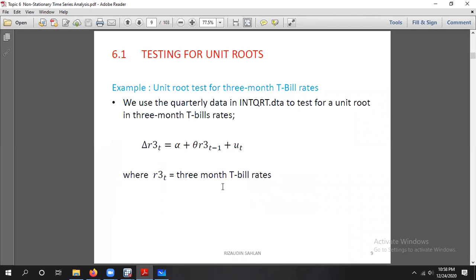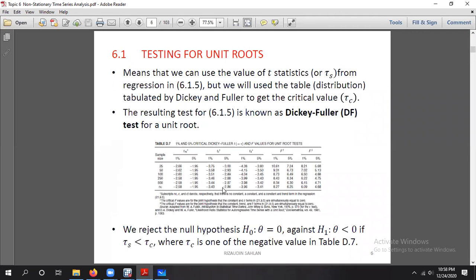Based on this table, we have the without intercept, with intercept, intercept and trend. So we have the three types of the Dickey-Fuller test.